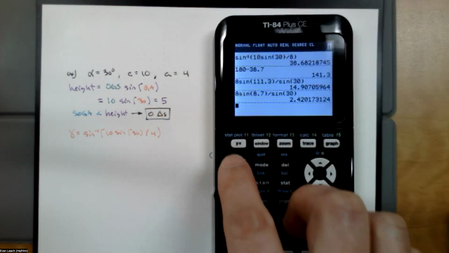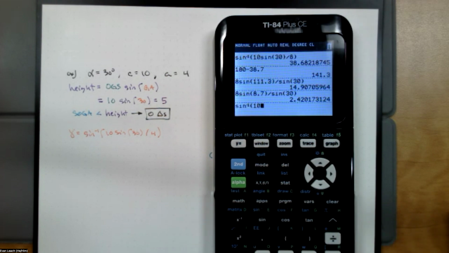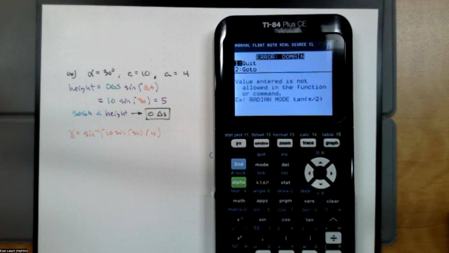So I'll try to find the sine inverse of 10 times the sine of 30 divided by 4. And when I hit enter, I get a domain error. There is no angle with a sine inverse of 1.25. 10 sine 30 is 5. 5 divided by 4 is more than 1. Sine is never bigger than 1.